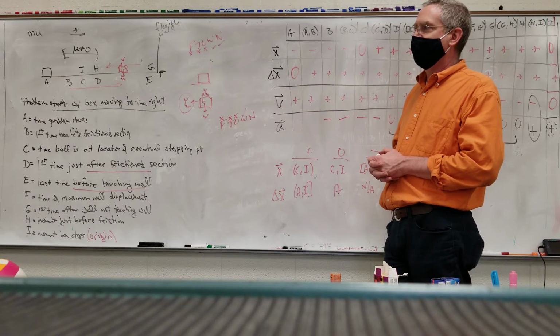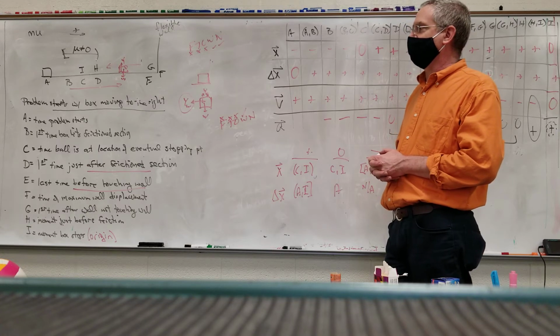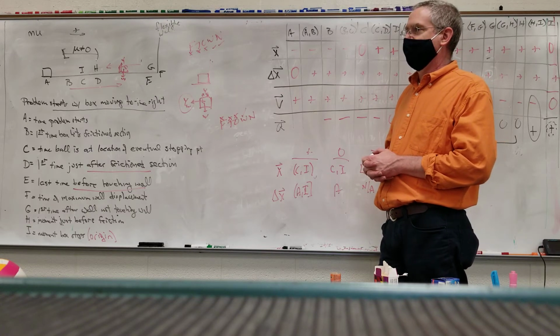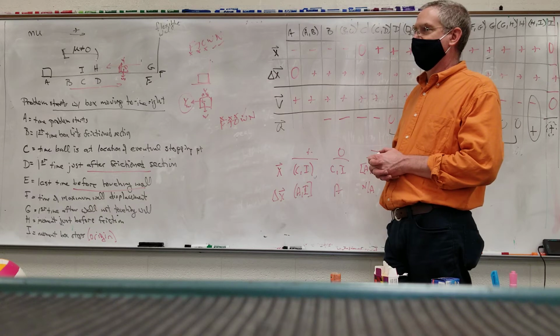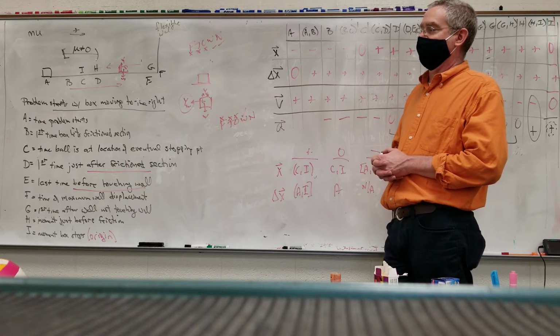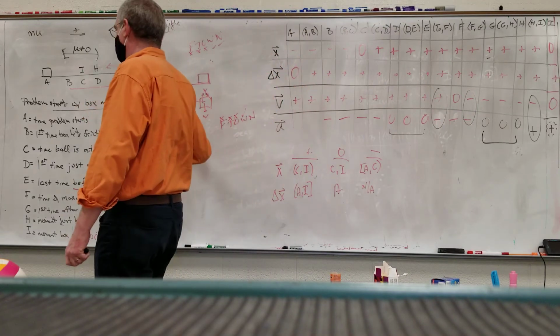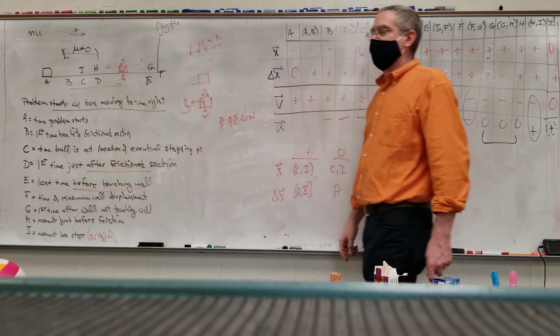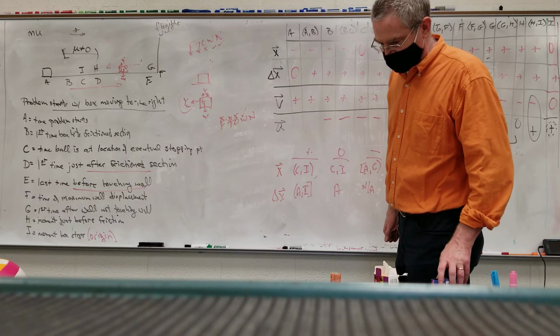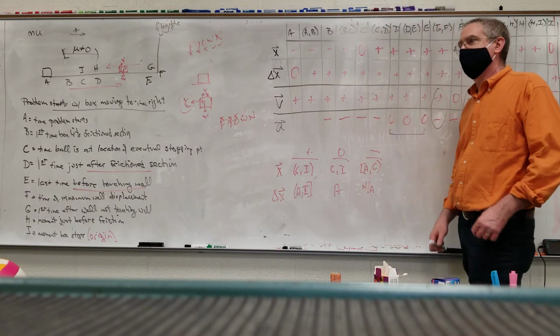Because it starts at that time. It's already moving at the beginning of the problem. I don't know how it got started moving, but when the problem begins, the box is moving to the right. Okay. There's no other force acting upon it, right? Therefore, 0. 0.